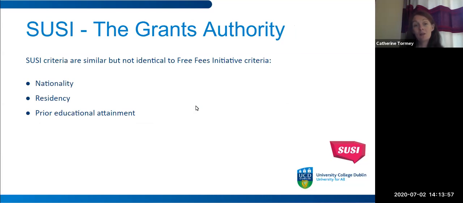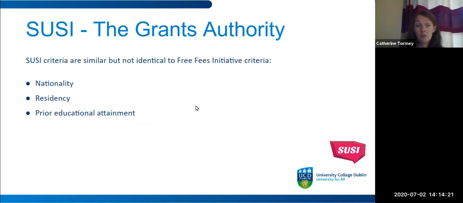So it's important to note that SUSI criteria are similar, but they are not identical to the Free Fees Initiative criteria. They're the same 3 overarching criteria of nationality, residency, and prior educational attainment, but the detail is slightly different. So it's very important for you to check on both independent websites whether or not you are eligible for the Free Fees Initiative, and in addition, whether you are eligible for SUSI.